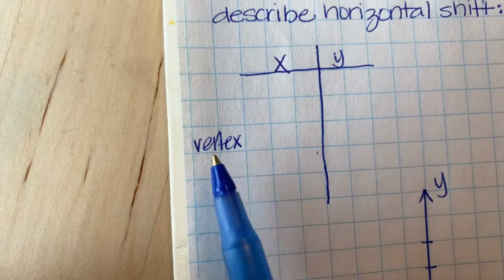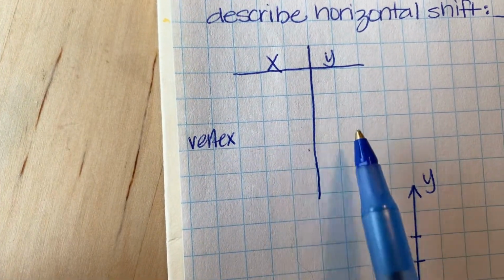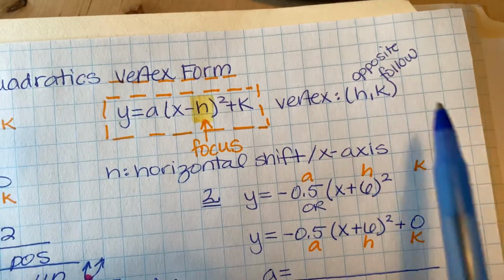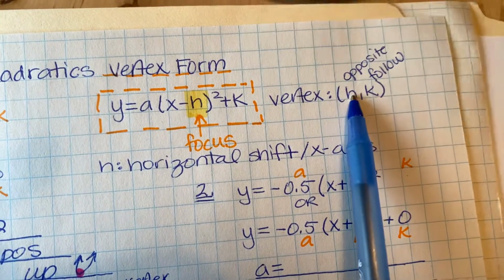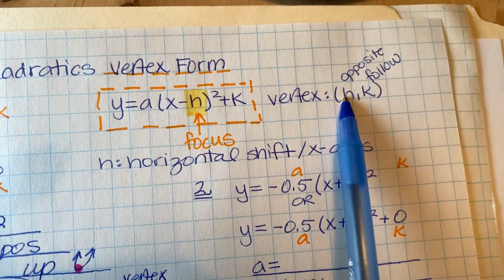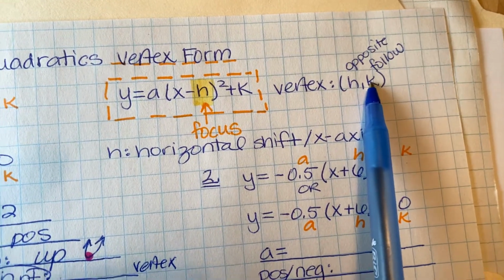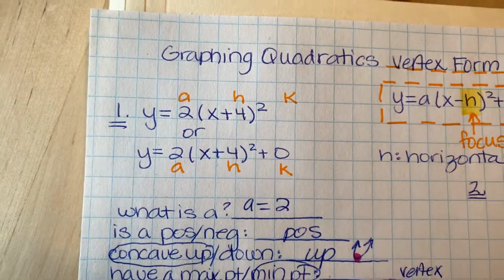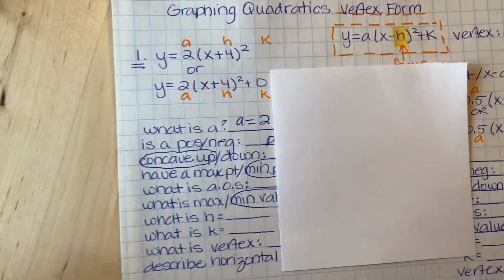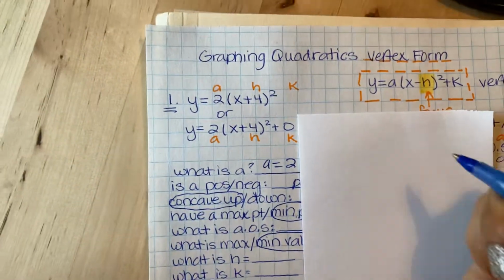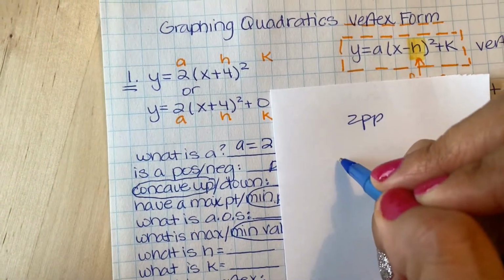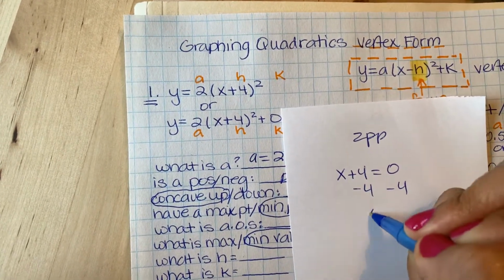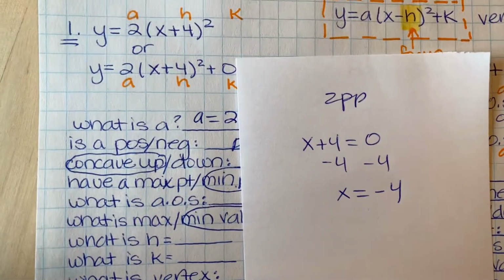Okay, so here we go. Let's go to our xy table. Remember, this is our vertex. This is h, this is k, right? Okay, so what do we know about the vertex? The vertex is what you see: you go opposite h, but we follow k, right? Because of that zero product property. So even though you see x plus 4, I'm going to solve it by hand. It's going to be negative 4, 0, but okay, zero product property. You have x plus 4. If you set it equal to 0, you have a one-step equation. So what is x equal to? Negative 4.